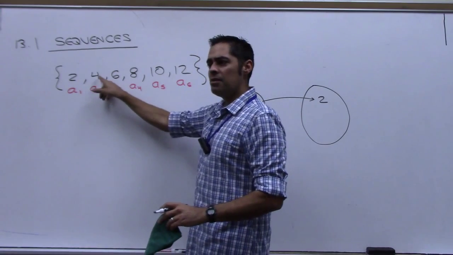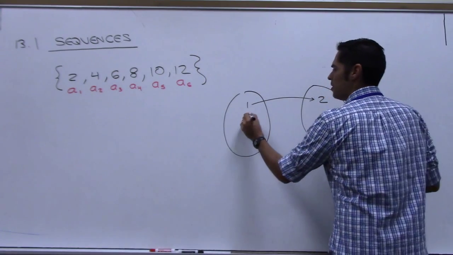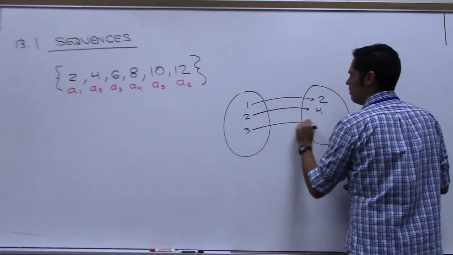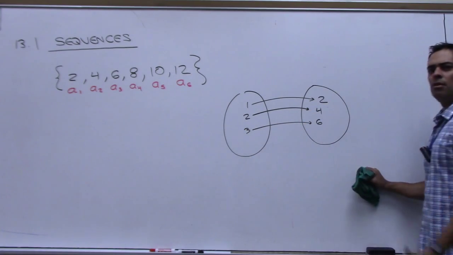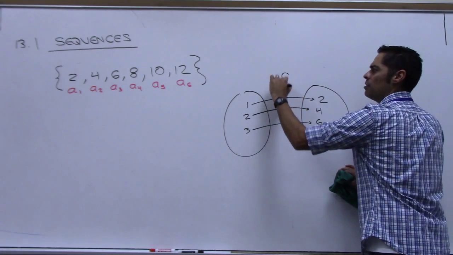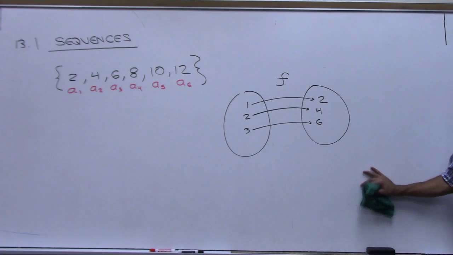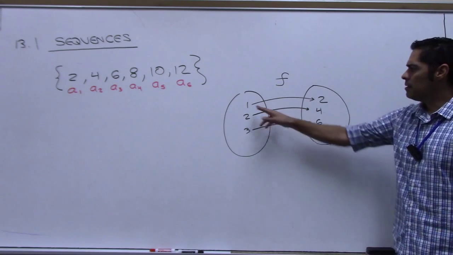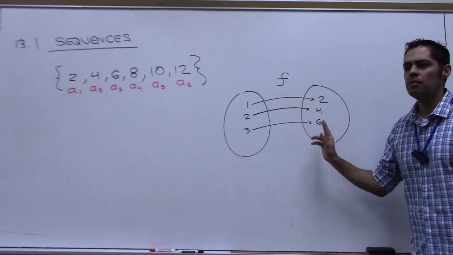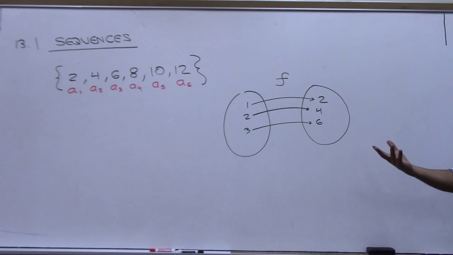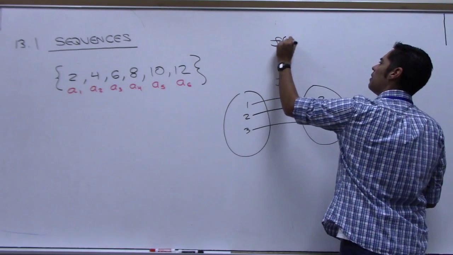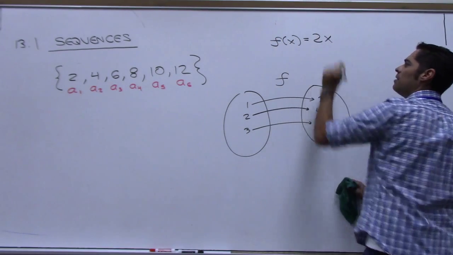The second number needs to be a 4, the third needs to be a 6, and so on. It's a pretty obvious function. What are we doing? Take 1 to 2, 2 to 4, 3 to 6. Just doubling it, right? So most of us would say, if I let f of x be equal to 2x, that should do it, right?